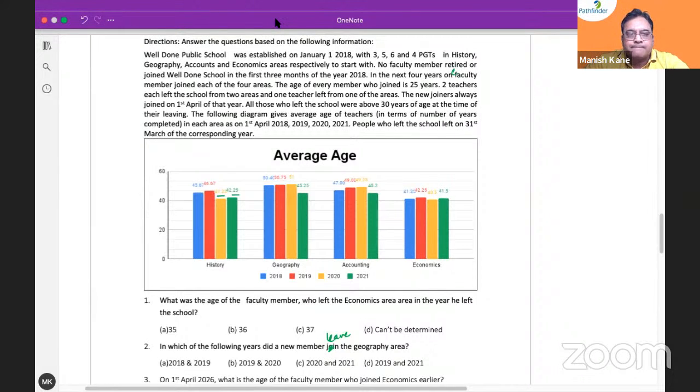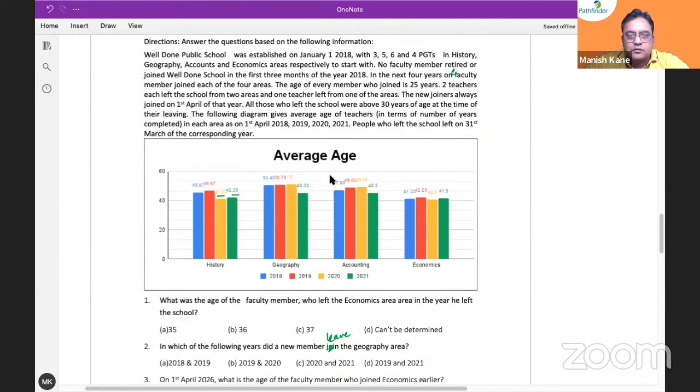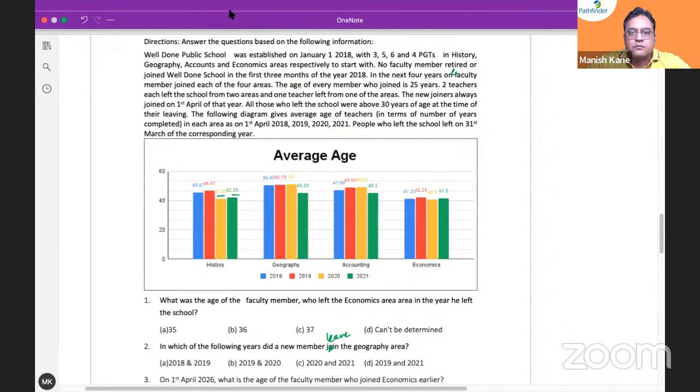Last 1 minute. Anybody who has solved any of the questions? Anyone?